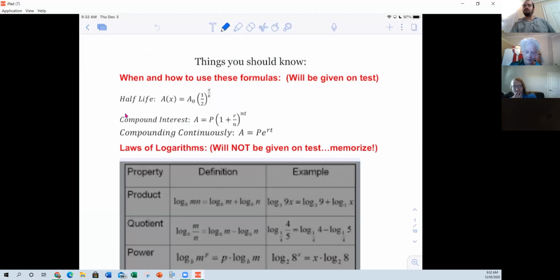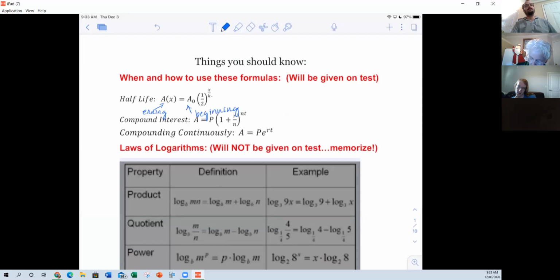So the half-life formula is, this is your ending amount. This is A sub 0, we call that A naught or beginning A. That's your beginning amount. The 1/2 is because it's a half-life.